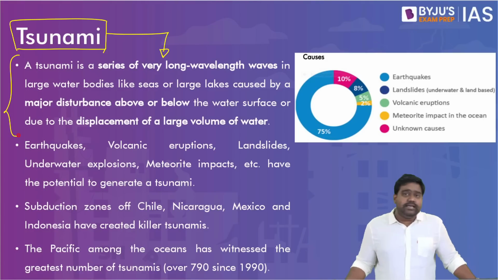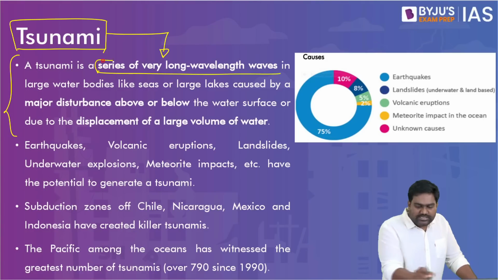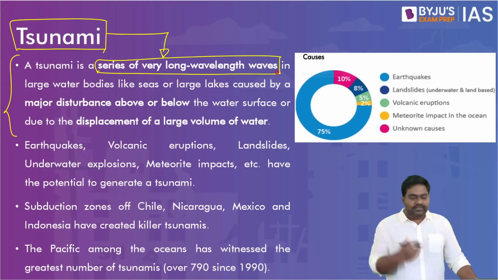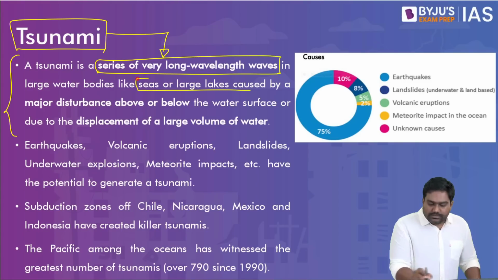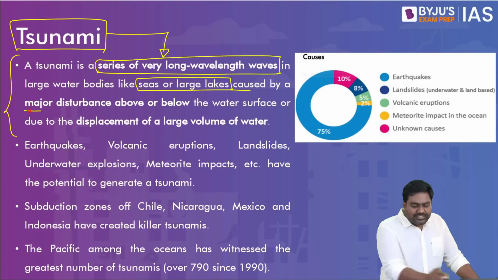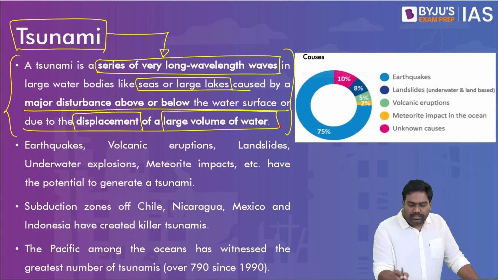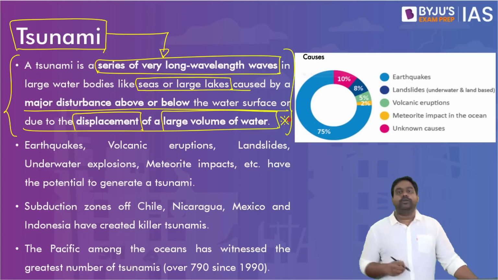A tsunami is a massive wave or a series of very long wavelength waves that form in seas, oceans, and lakes as well, that can strike the banks on the coastline, causing massive destruction because of the displacement of water. Is that clear?